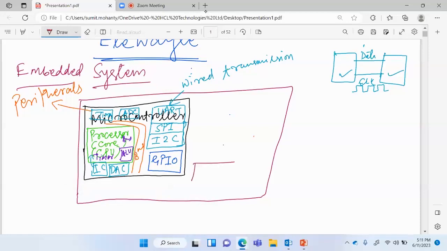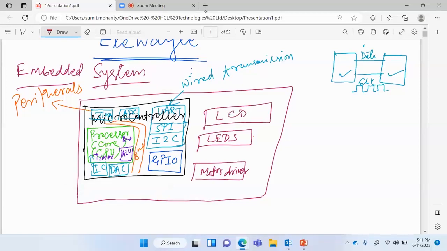We can have a motor driver, some LEDs, some LCDs, some other displays. How do all these communicate with this? We can have some external sensors. How do all these things communicate?